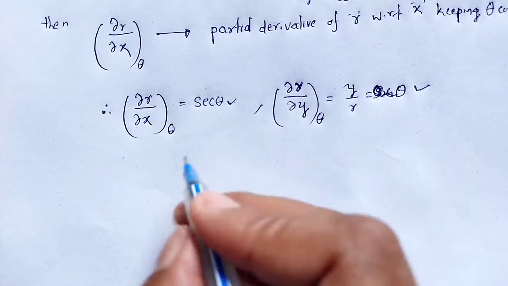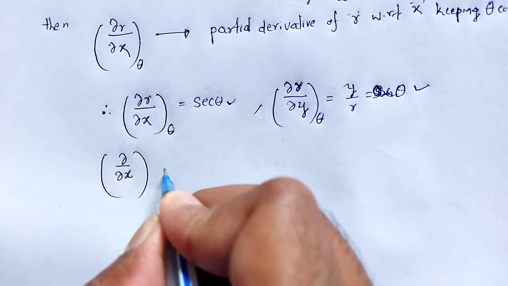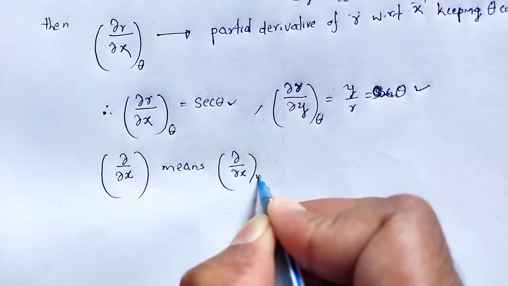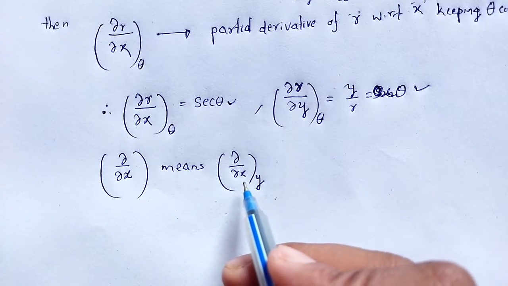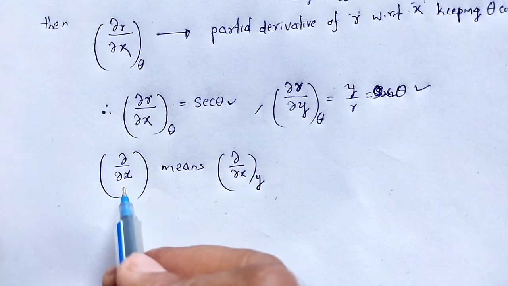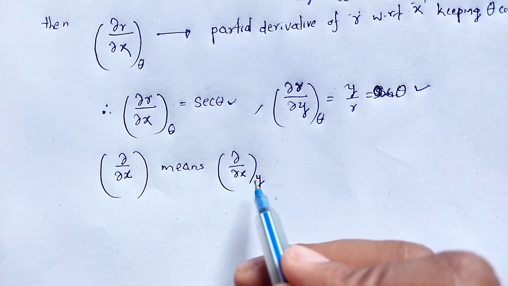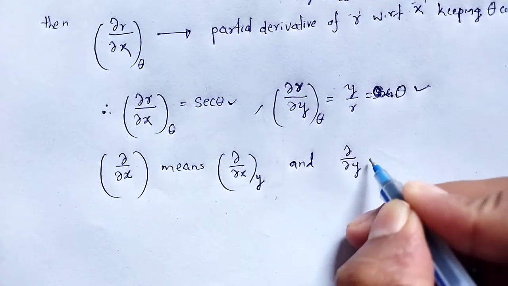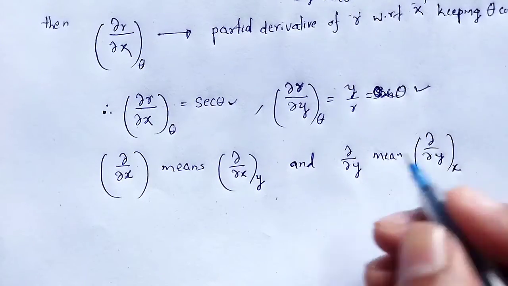Also we can write del by del x with lower subscript y, meaning derivative with respect to x, whereas y is treated as constant. If the y is not retained, it means del by del x indicates del by del x with y treated as constant, and del by del y means x treated as constant.